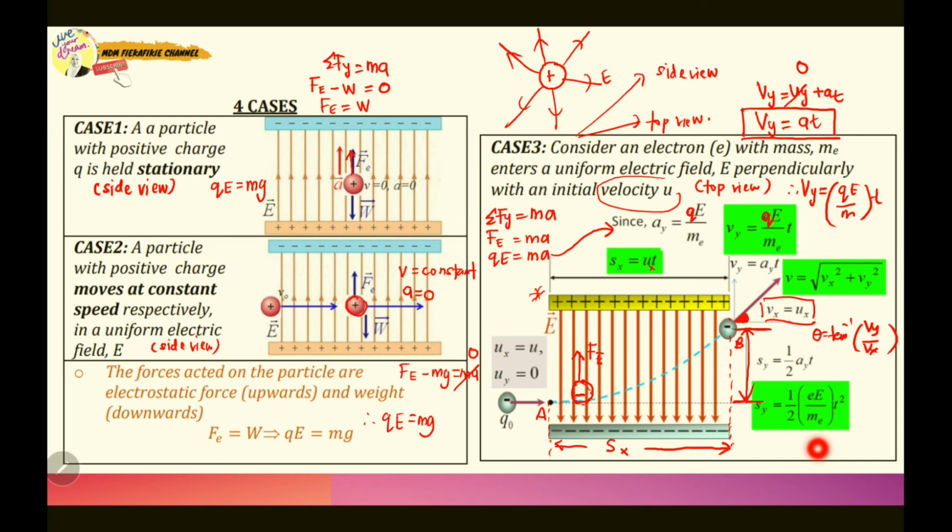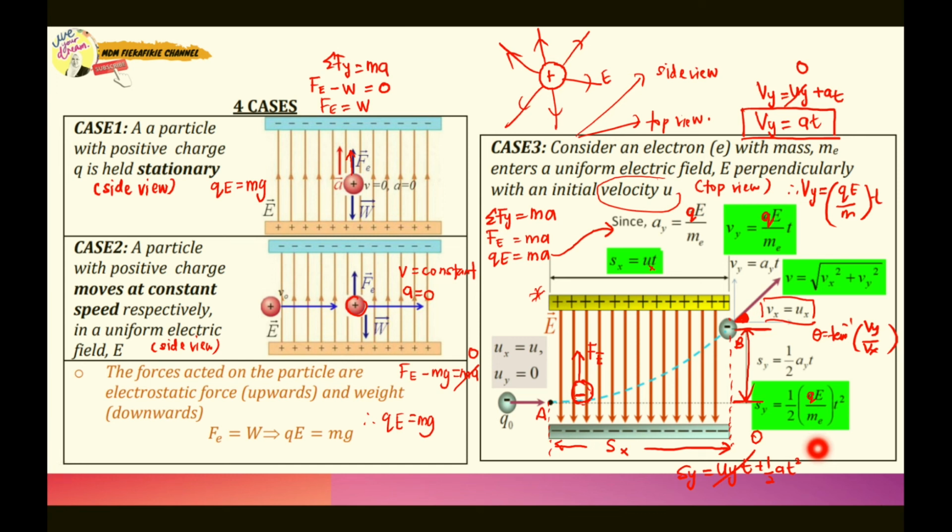Sy is equal to Uy t plus half At squared. Since Uy is equal to 0, therefore Sy is equal to half At squared. And you can substitute the equation of A, which is A is equal to QE over M. Later we will look at the question, then you will see it.